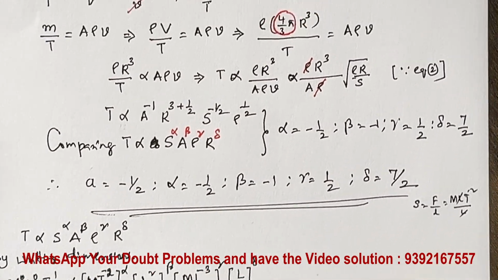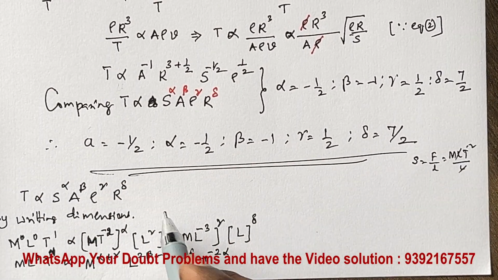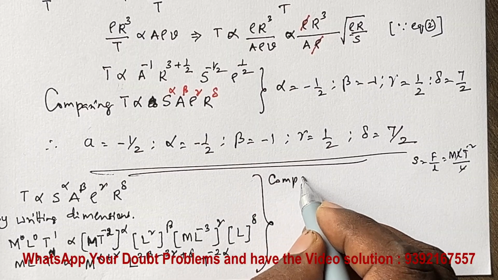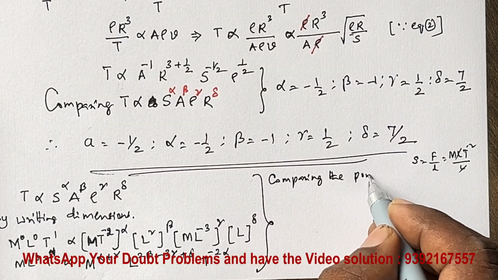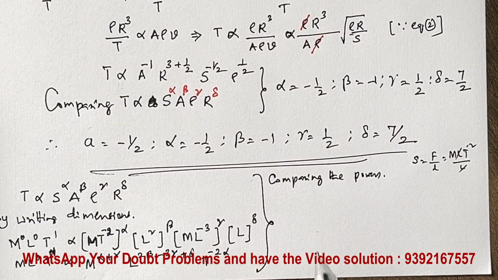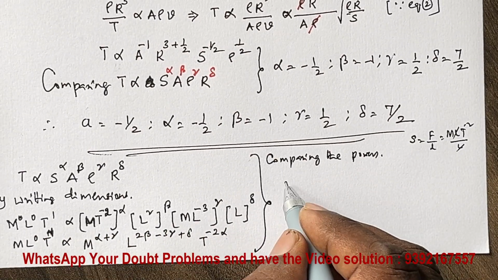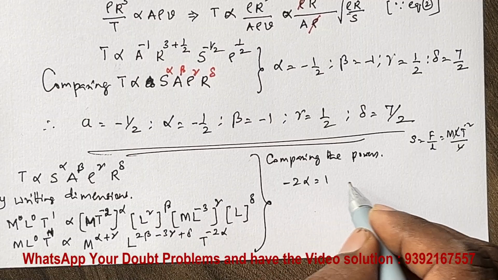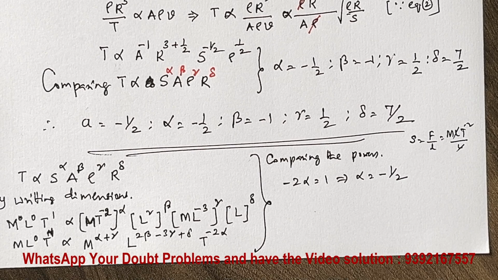So comparing the powers, here T is minus 2 alpha. T is equal to 1, so minus 2 alpha is equal to 1, alpha is equal to minus 1 by 2.